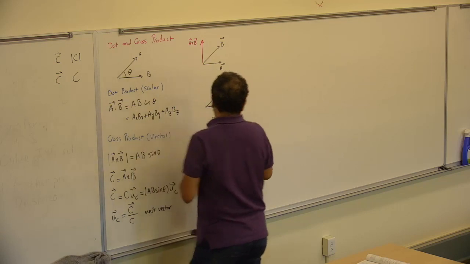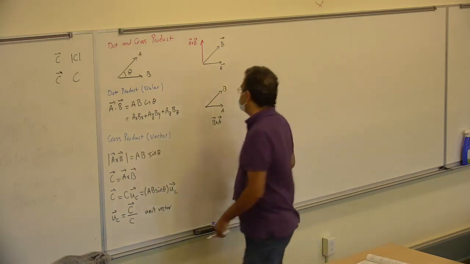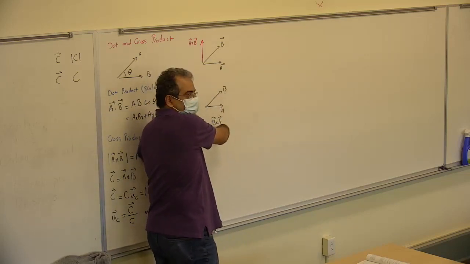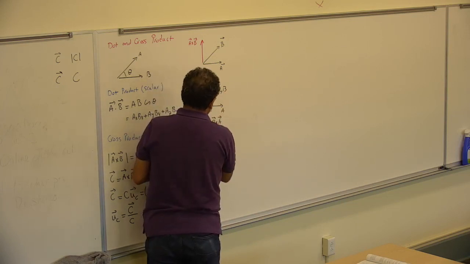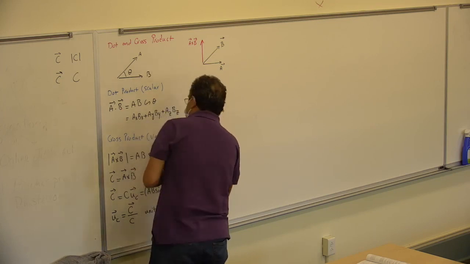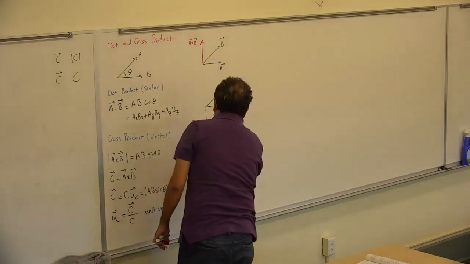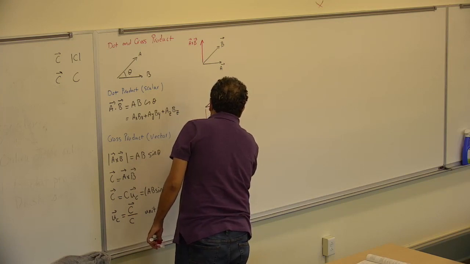Correct. So the first vector is the B. You put your forefinger in the direction of the B, carry it to the second one, which is the A. Your thumb shows it's going down. So unlike this one, A cross B is the negative of B cross A.